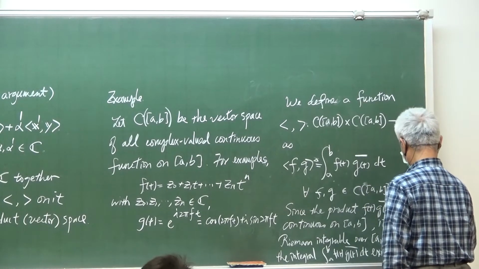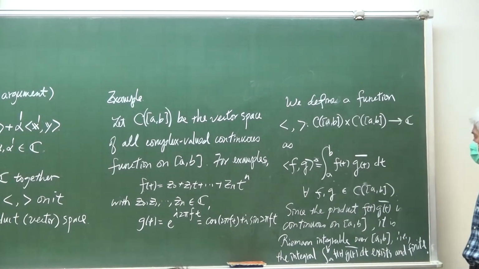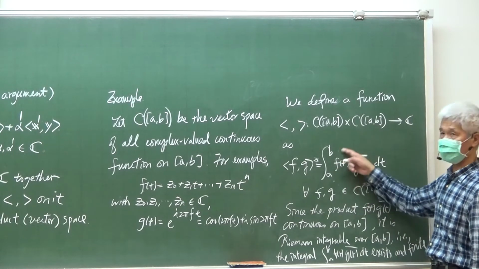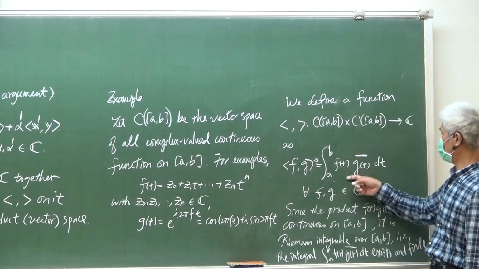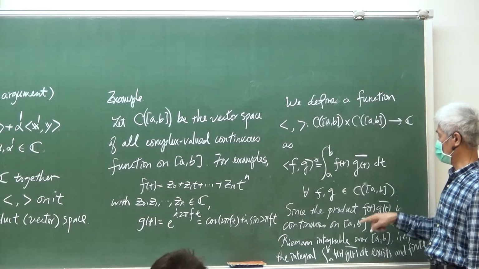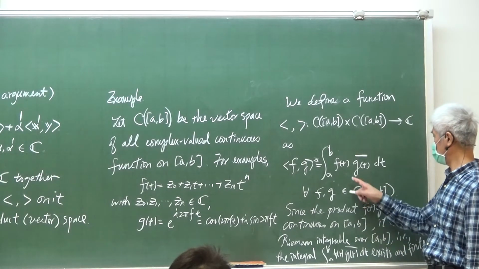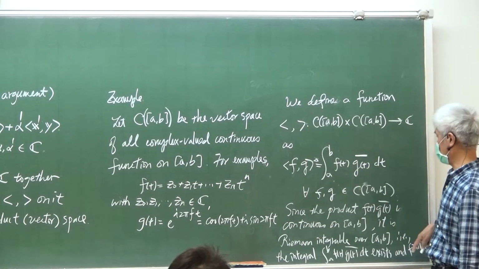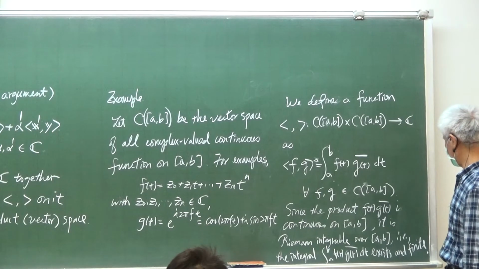And the final. Okay. So the integrand, this product, is a continuous function. So that over the finite closed interval [a,b] it is Riemann integrable. So the integral exists and is finite, and we know this from calculus.